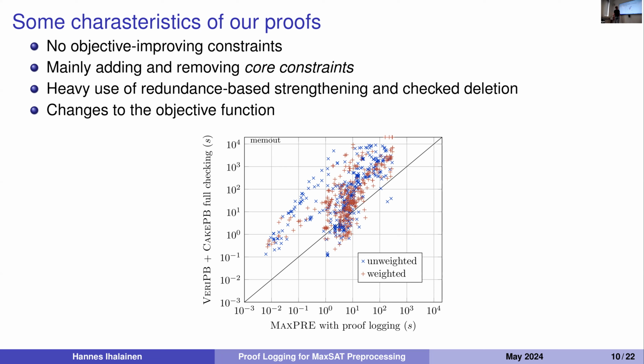And because we are adding and removing core constraints and using redundancy-based strengthening, it affects the performance of checking the proof, but I think in most instances here you see that we get less than 100 times overhead for checking the proof. So it's not that bad, but of course it could be better. And this is actually the time for running both VeriPB and CakePB for checking the proof.